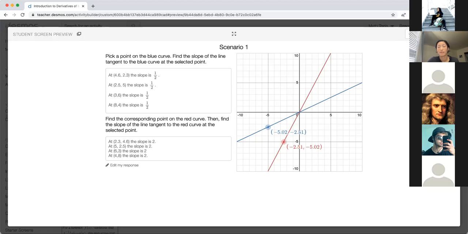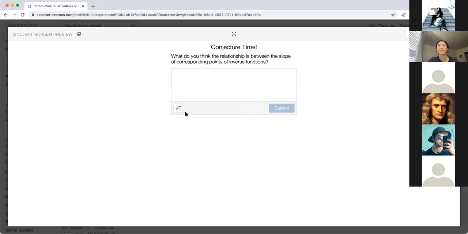All right. So let's take what we have here and take a look at this. What do you think is the relationship between the slope of corresponding points of inverse functions? I think we've already said it, use some of those words, but if someone could rephrase that for me, that would be great. What do we think that relationship is between the slopes of corresponding points of inverse functions?